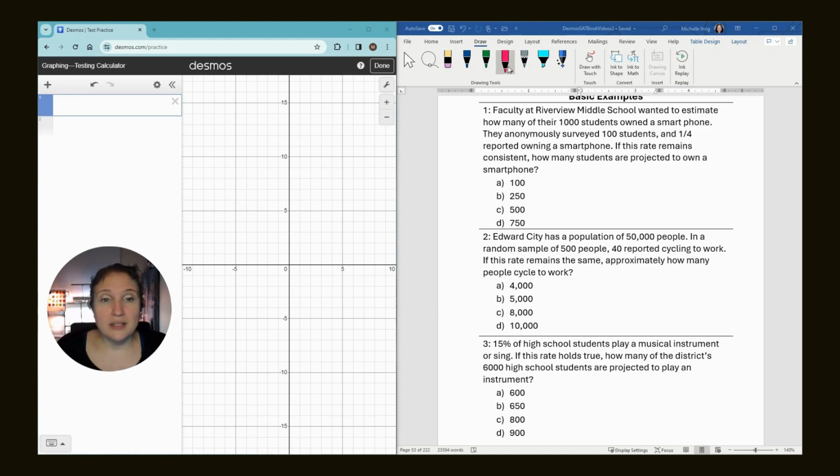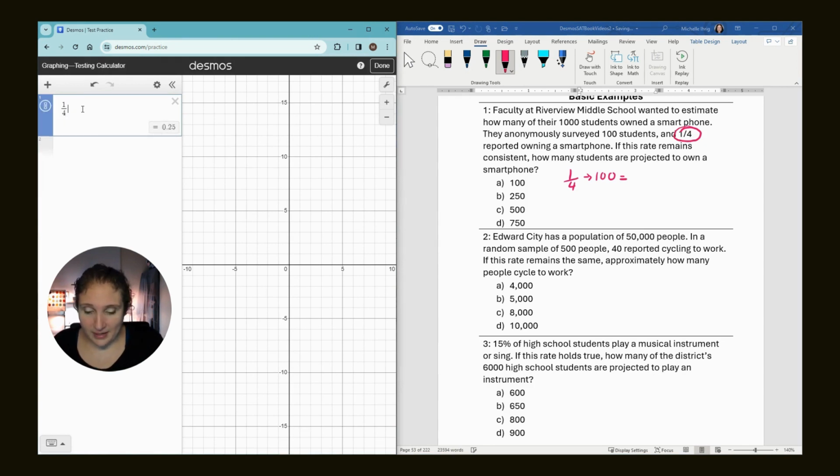So basically, there's a couple ways that you can do this. I think the easiest way is just paying attention to the rate. The rate is 1/4. So 1/4 of the 100 students said that they had a smartphone. So we could just do 1/4 times 100 to know that 25 people have the smartphone.